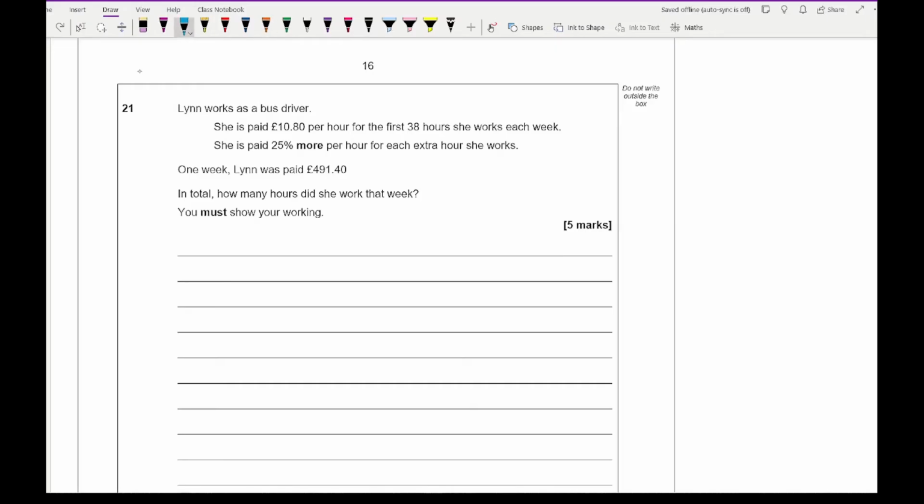So first of all, there's a couple of ways in which you could approach this question. I would say let's work out the overtime pay first. So the overtime pay is going to be £10.80 plus 25% more. So if I multiply that by 1.25, I get an answer of £13.50 per hour. So that's her overtime pay.